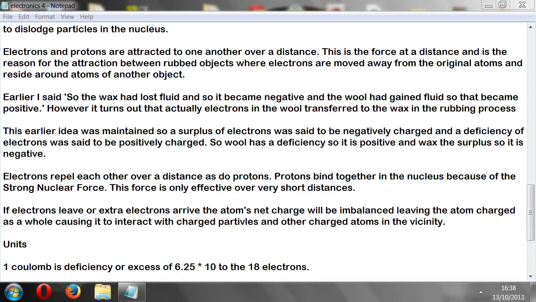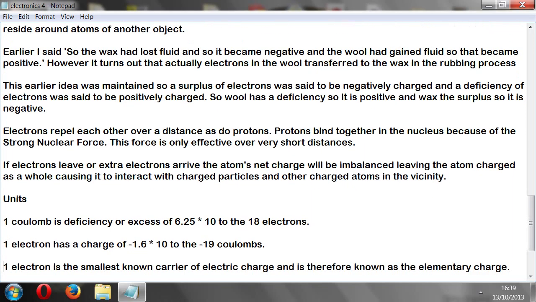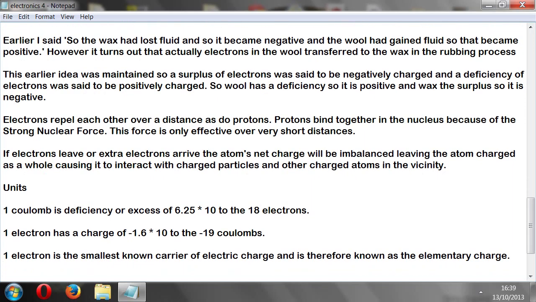So if electrons leave or extra electrons arrive, the atom's net charge will be imbalanced, leaving the atom charged as a whole. It's an ion basically, causing it to interact with charged particles and other charged atoms in the vicinity. A coulomb is a deficiency or excess of 6.25 times 10 to the 18 electrons.